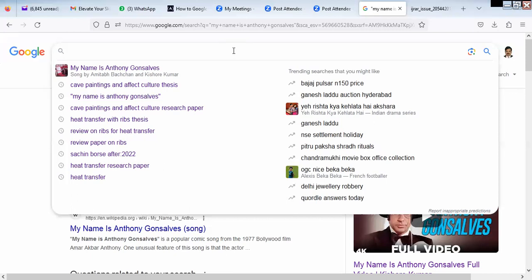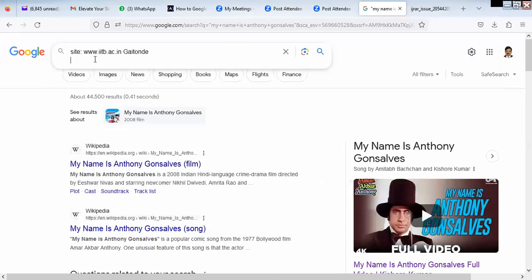Now, the next thing I will tell you for searching is searching within a website. Like I want to search in a particular website. Sometimes the website is very big. So I have to put site colon, then the name of the site.